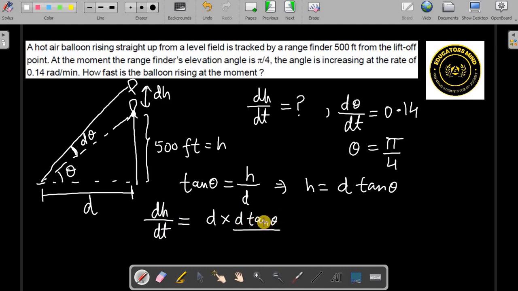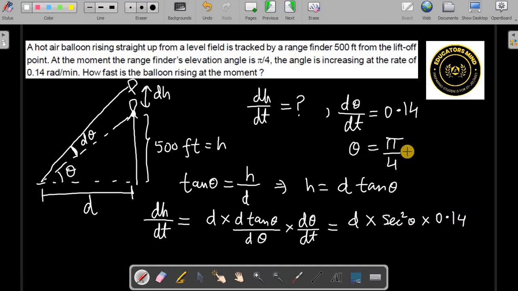Instead of doing it directly with time, you can apply the chain rule: d tan theta by d theta, then d theta by dt. The differentiation of tan theta is secant square theta, right? And d theta by dt they have given as 0.14.